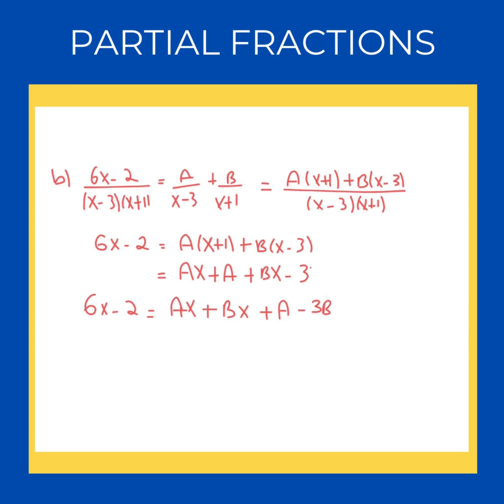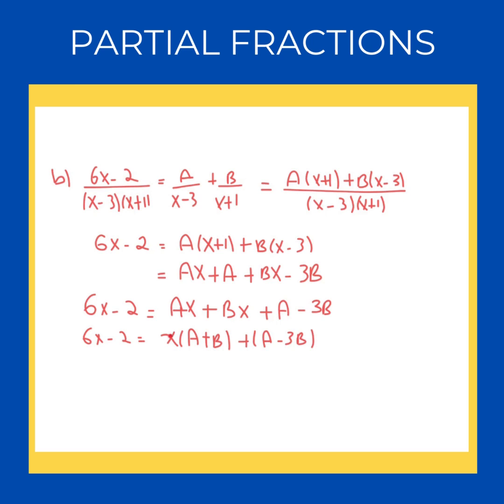Sorry, I forgot the b, because b times x is bx and b times negative 3 is negative 3b. So 6x minus 2 is equal to ax plus bx plus a minus 3b. Taking x as a common factor, it's a plus b times x plus a minus 3b.